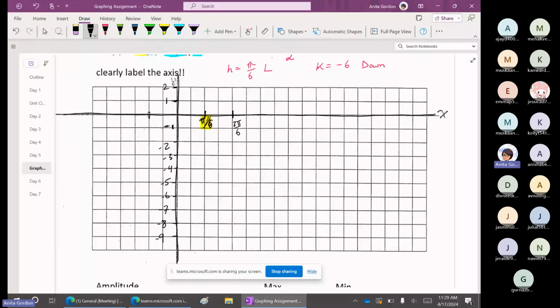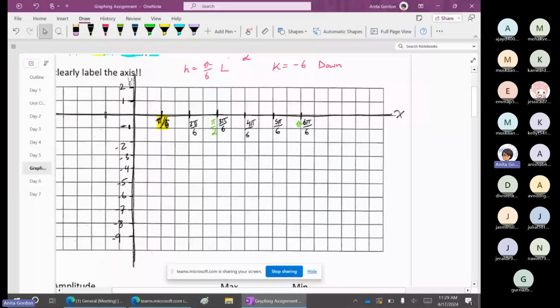2 more squares is 3 pi by 6, or pi by 2 is another way to write that, right? 3 pi by 6 is the same as pi by 2. Then I have 4 pi by 6, 5 pi by 6, 6 pi by 6, or just pi, right? I want to know where my key points are.